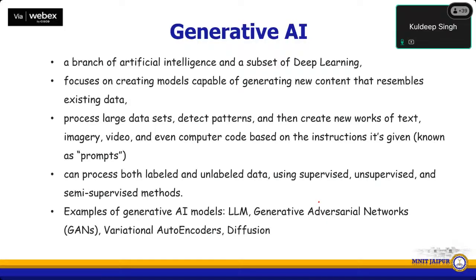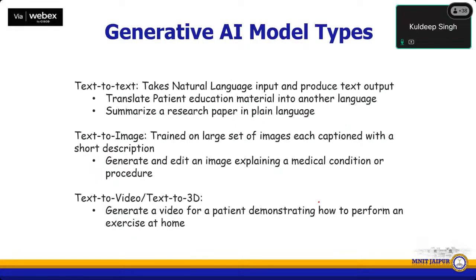They can be supervised or unsupervised or maybe semi-supervised kinds of methods. Some examples of generative AI models are LLMs, generative adversarial networks, variational autoencoders, and the diffusion models. Some of them we will be studying in this particular talk, and we will be seeing how these generative AI models are effective in solving different healthcare problems.